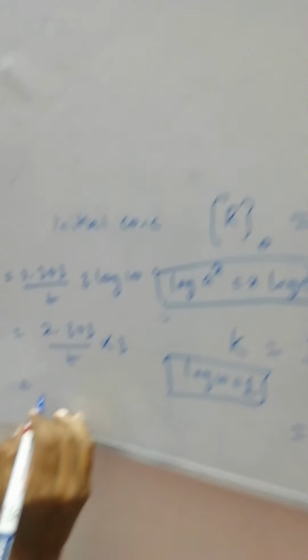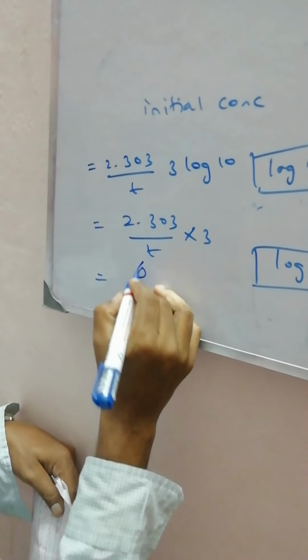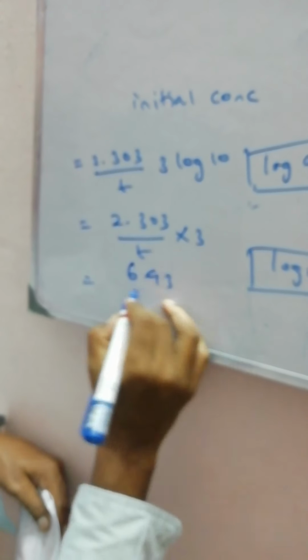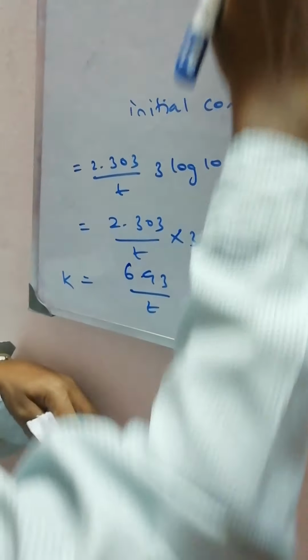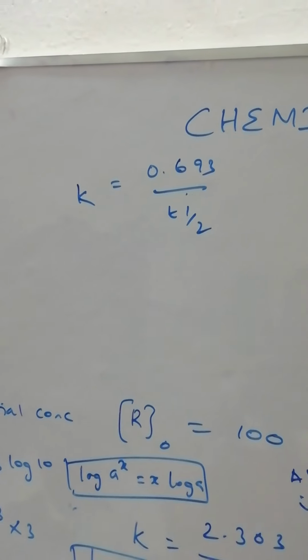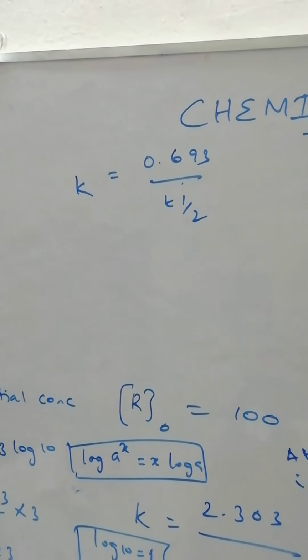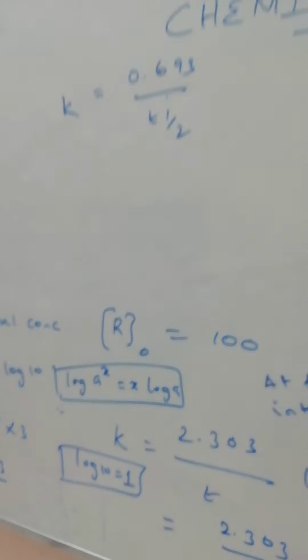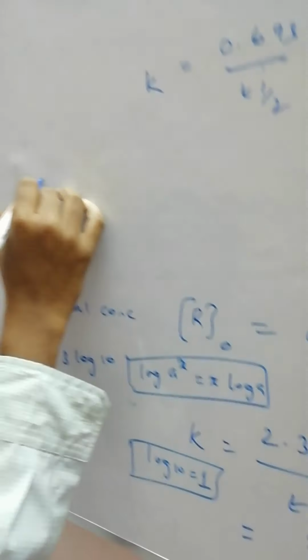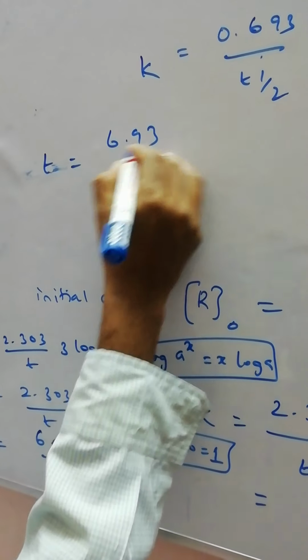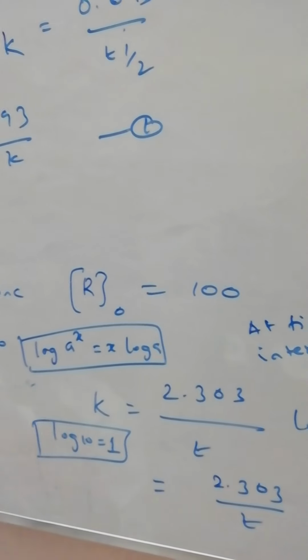We will get 6.93 by T. K is equal to T half. We have to adjust the equation for our convenience, just to change it. After this, T is equal to 6.93 by K. This is the first equation.